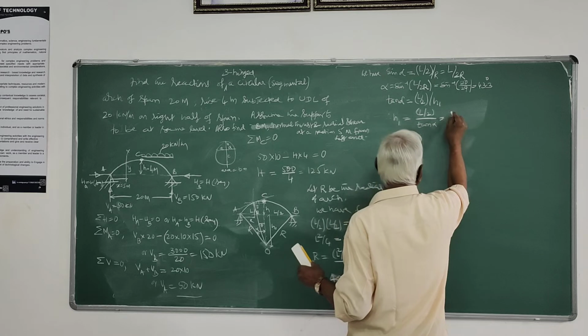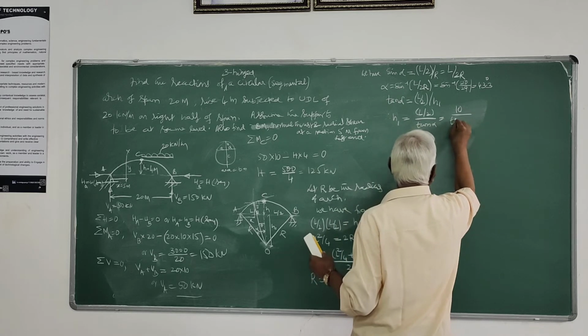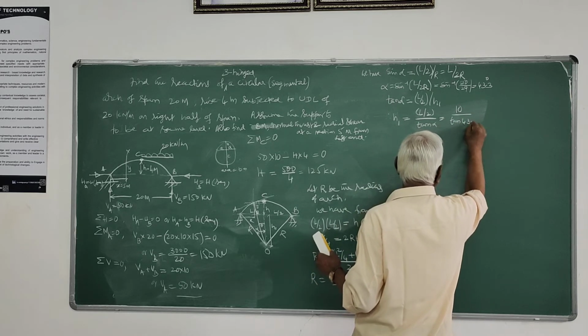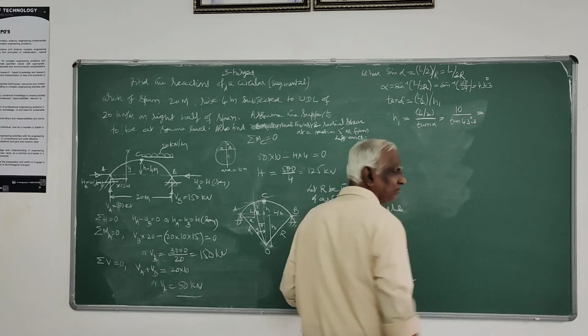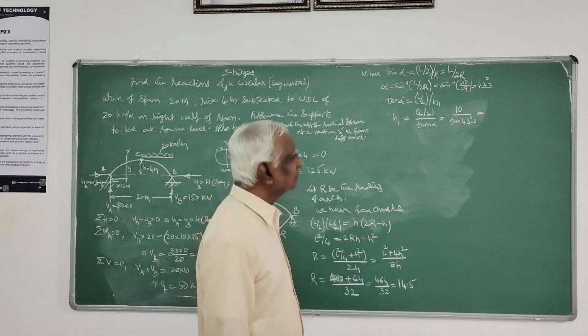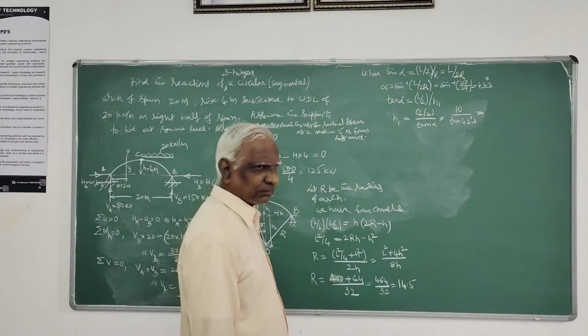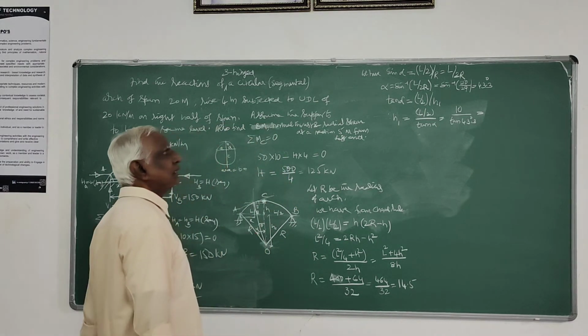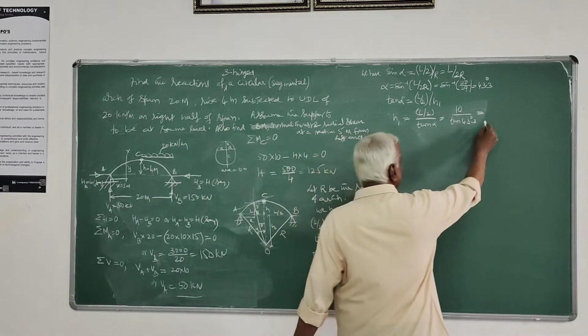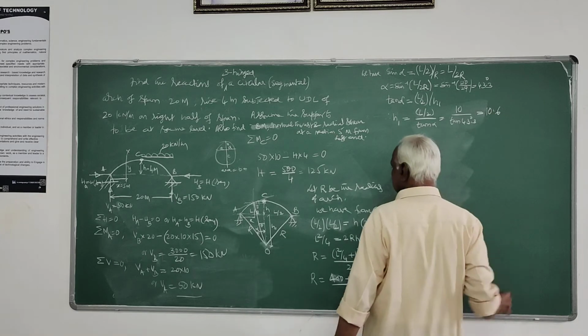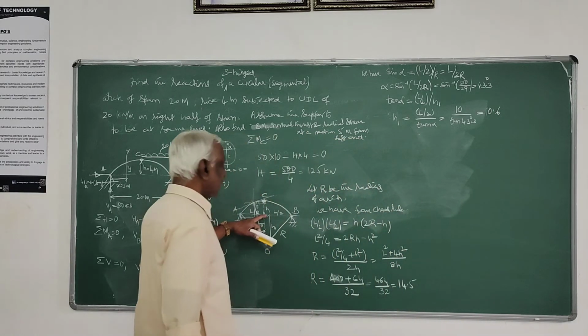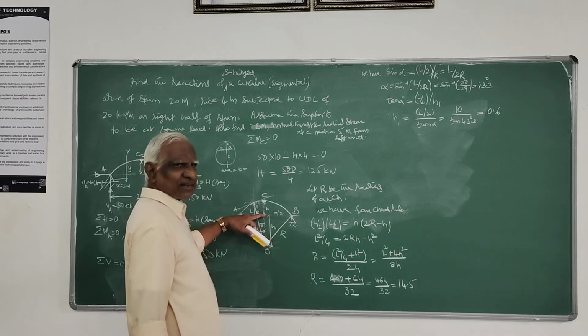That is 10 divided by tan of 43.3. How much do you get? 10.6. So this is 10.6. That's reasonable.